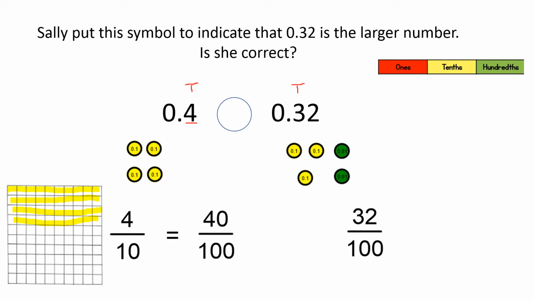So that would be written as 32 hundredths, and 32 hundredths is less than 40 hundredths. So we would place the symbol like this to show that 0.4 is greater. Well done if you got that correct. If not, you can go through the slide again and listen to the reasoning.